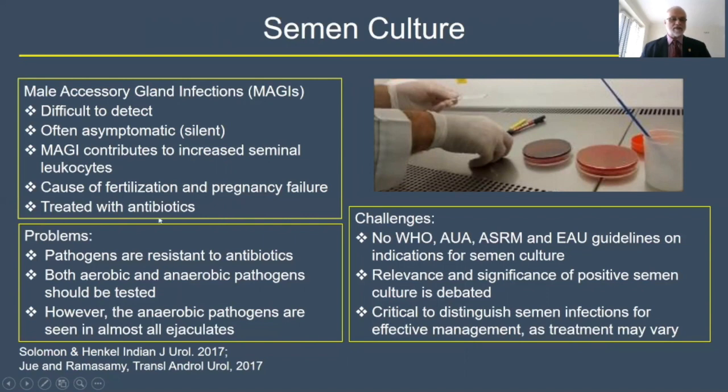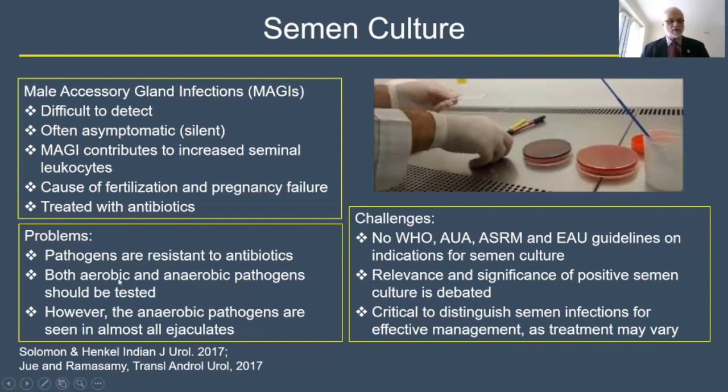And then we have problems with treatment with antibiotics, because many of these pathogens in recent years became resistant to antibiotics. And that must then be tested in a semen culture, where the different possibilities can be checked for sensitivity to different antibiotics.